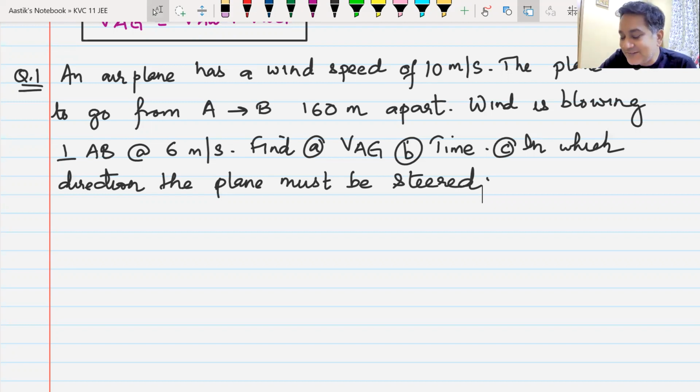What type of quantity is velocity? Tell me, bacha. Vector quantity, sir. It's a vector quantity. Oh God, I did not know it. I thought 10 plus 6 is 16.